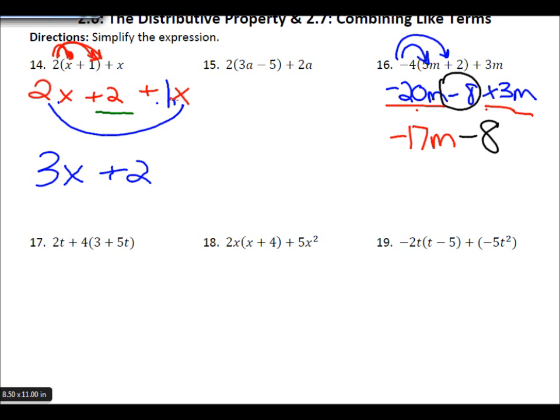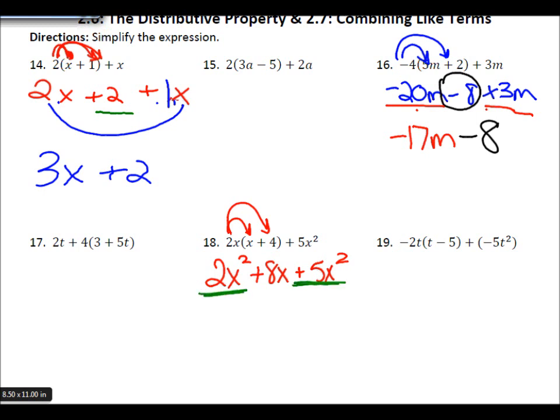Let's do number 18 next. So we're going to start by distributing. 2x times x is 2x squared. 2x times 4 is positive 8x. And we're going to write down plus 5x squared. So my like terms here are 2x squared and 5x squared.